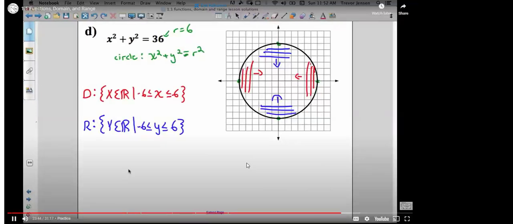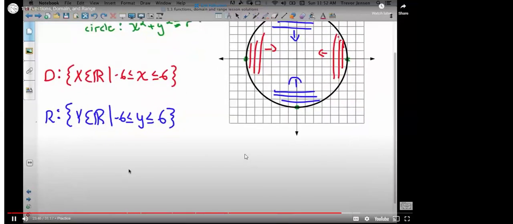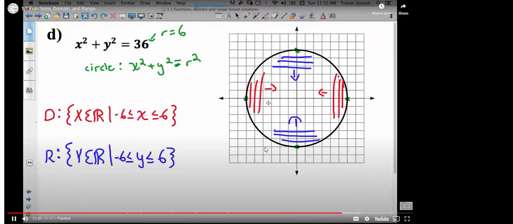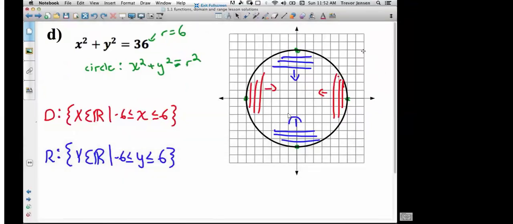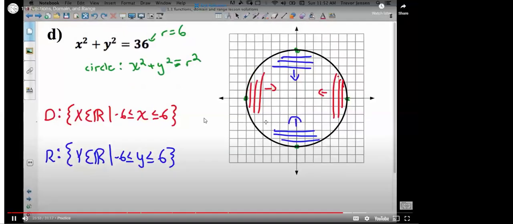Okay, let's go to the one I have done. If we look at this one, I drew a circle with radius 6 at the origin. So you can see here is your circle, and if you look at your x, you're looking at your domain. It's all in between this point here, which is 1, 2, 3, 4, 5, 6.